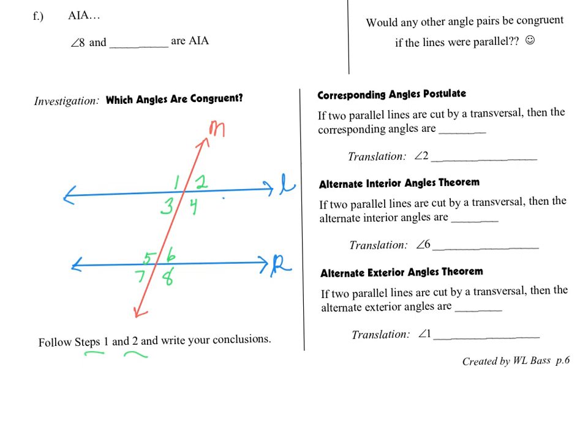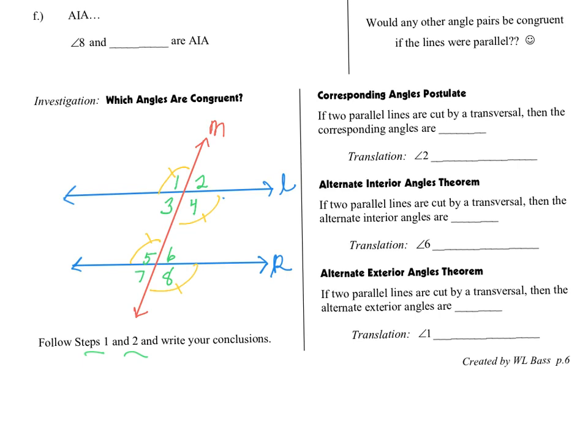The next thing would have us do is to just do some investigation here and to actually measure these angles. Okay, and so you may do that. I'm just going to go through and look at our conclusions. And what we should find, as we're going through and looking at the measure of these, is that this angle here and this angle here would have the same measurement, and it would be the same as this angle here and this angle here.